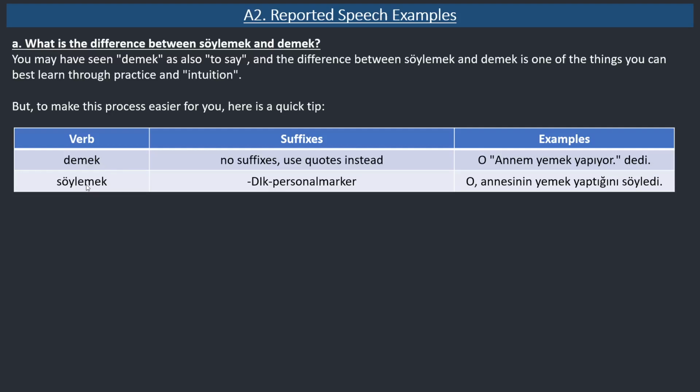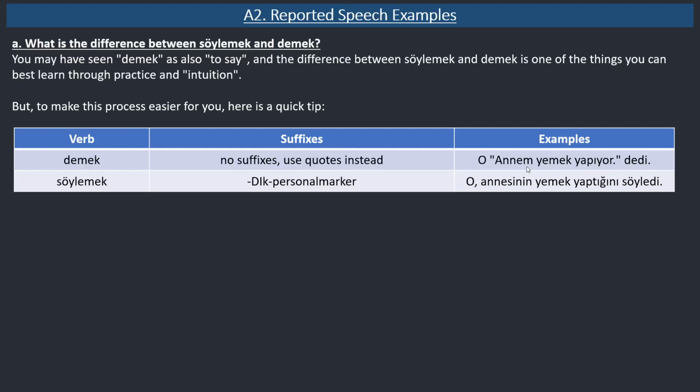Demek and söylemek, they are very similar verbs. They both basically are used like to say, but demek doesn't use any ending. It uses quotes instead. O, annem yemek yapıyor dedi.